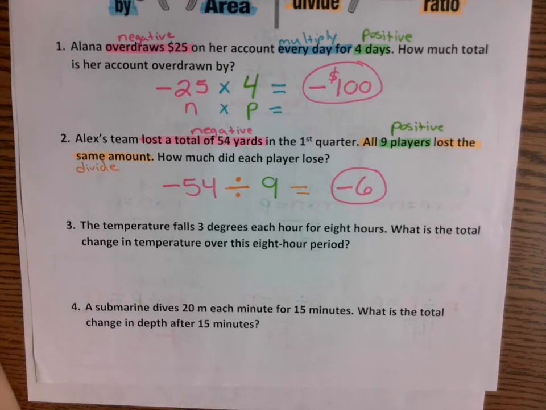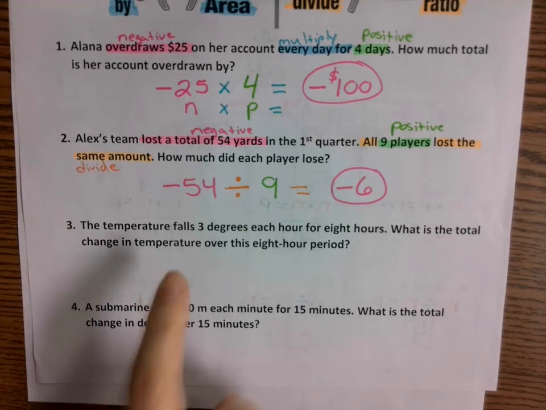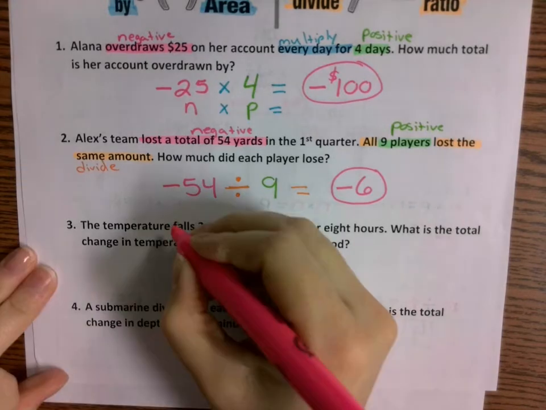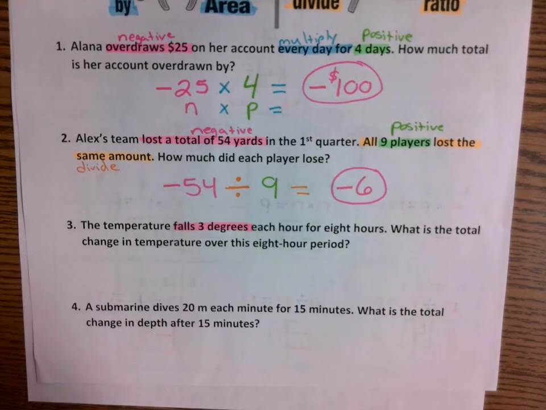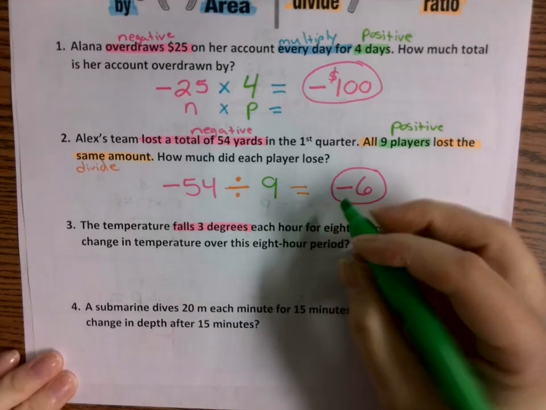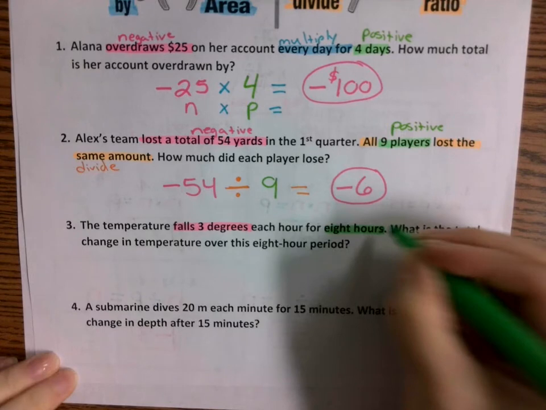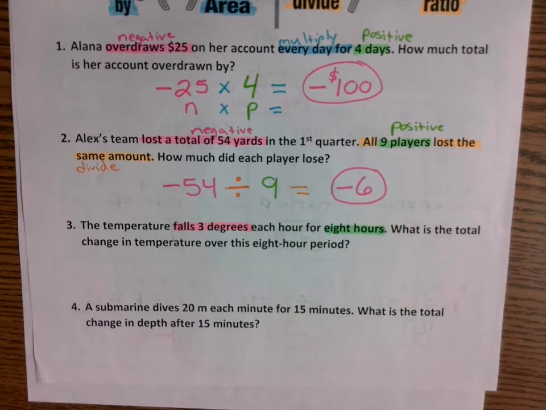Okay, let's go ahead and go over this very quickly. The temperature falls for 3 degrees each hour, so falling 3 degrees would be a negative value. Each hour for 8 hours, again, time is positive. Okay, and the fact that it's falling 3 degrees for the first hour, 3 degrees for the second hour, 3 degrees for the third hour, and so on and so forth, what operation is that going to be?